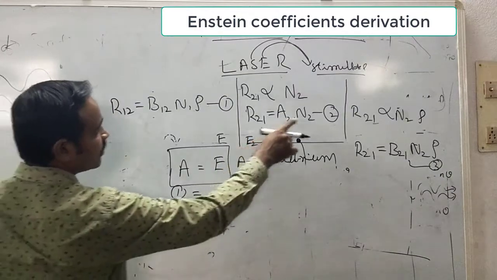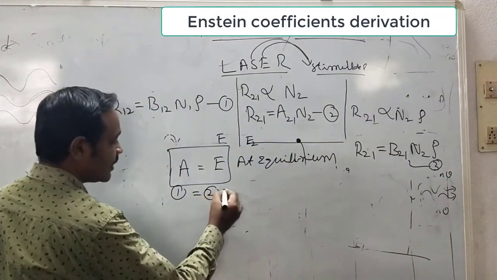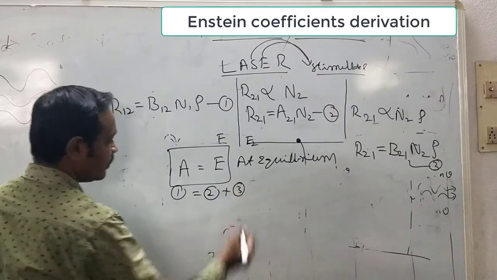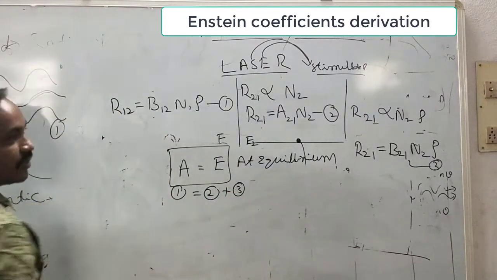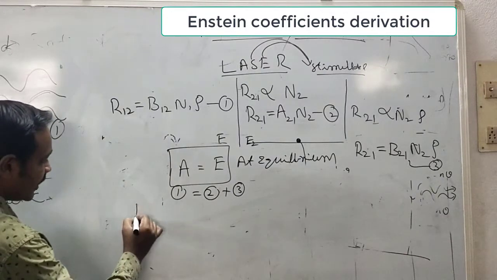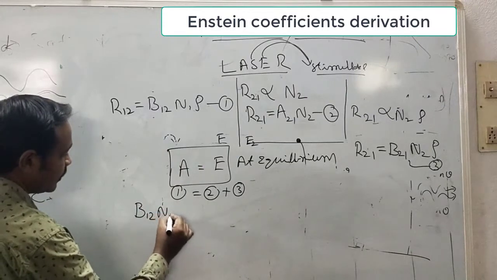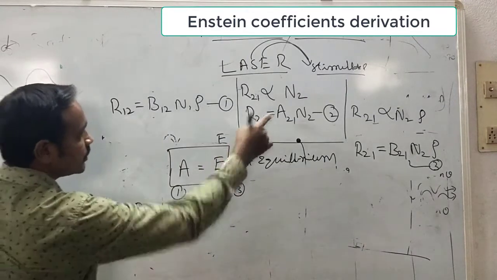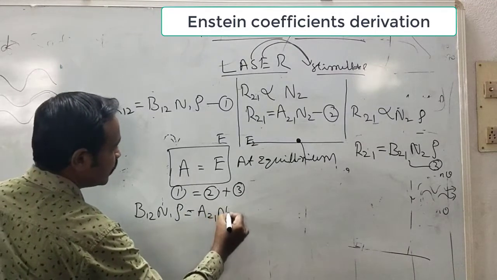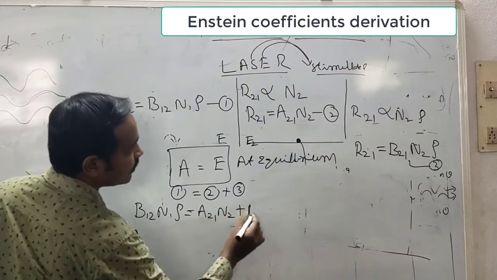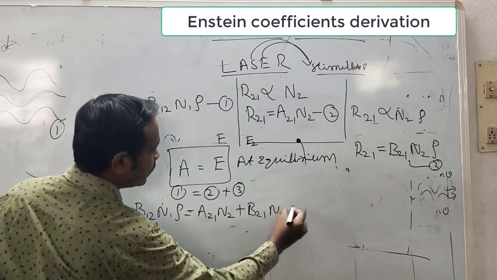For the rate of emission, we have equation number 2 as well as equation number 3. Can I equate both? I am going to equate the right side factors. B12 N1 into rho equals A21 into N2 plus B21 N2 into rho.